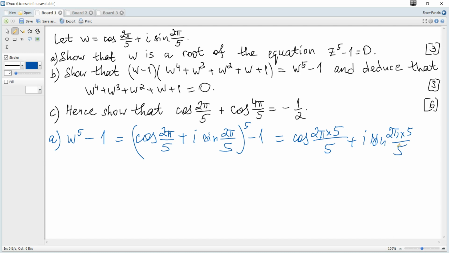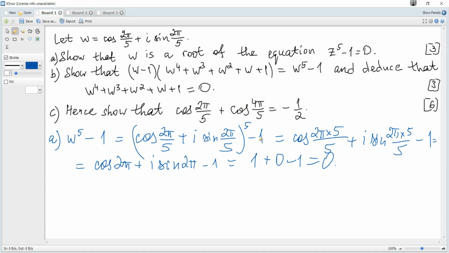This formula is given in the data booklet. Minus 1, and it is equal to cosine of 2 pi plus i sine of 2 pi minus 1. Cosine of 2 pi is 1, sine of 2 pi is 0, minus 1 is 0 as required. Hence, w is the root of the equation z to the power of 5 minus 1 is 0.